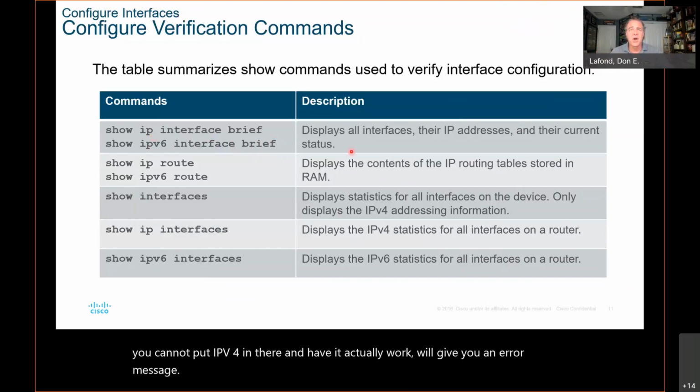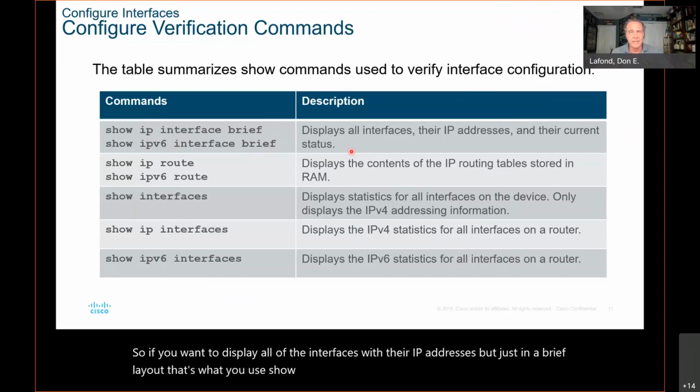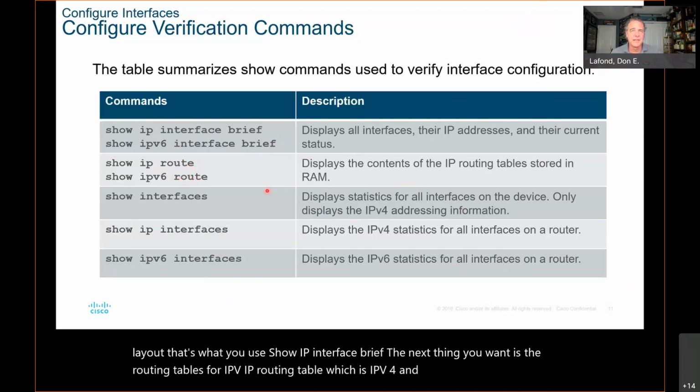So if you want to display all of the interfaces with their IP addresses, but just in a brief layout, that's what you use: show ip interface brief. The next thing you want is the routing tables: show ip route, which is IPv4, and show ipv6 route, and you'll see that there.